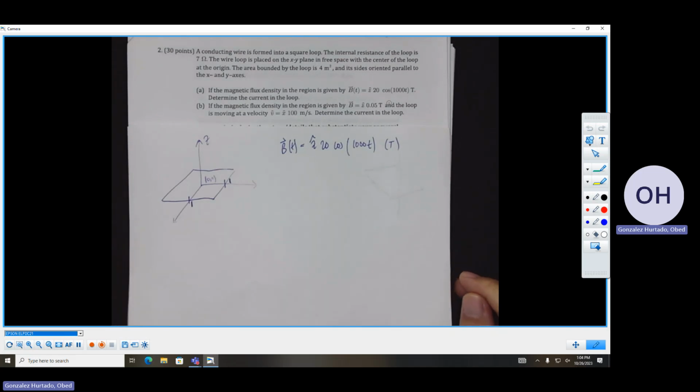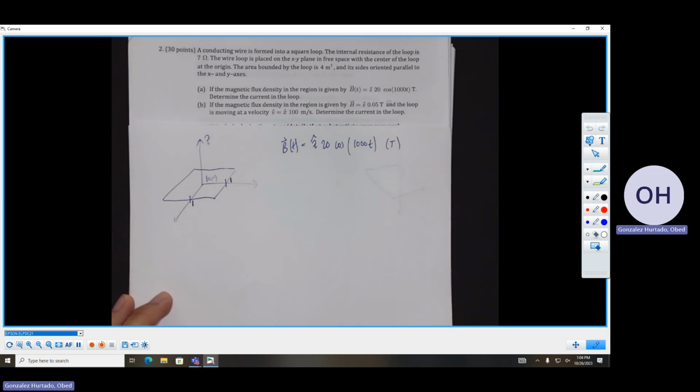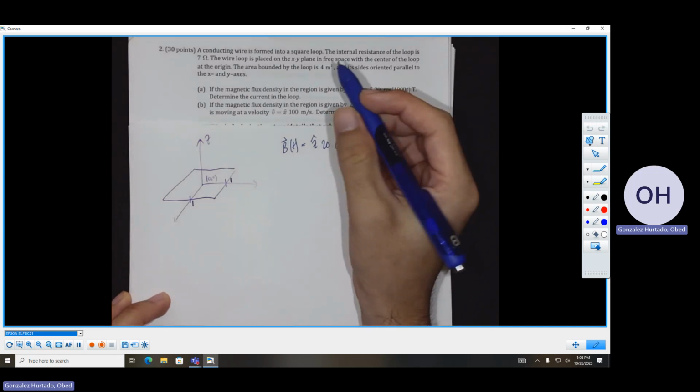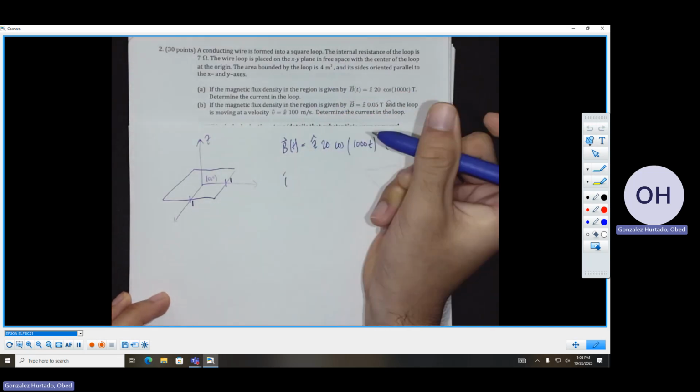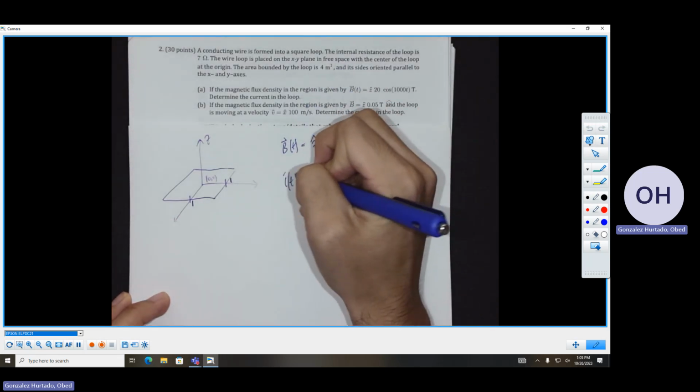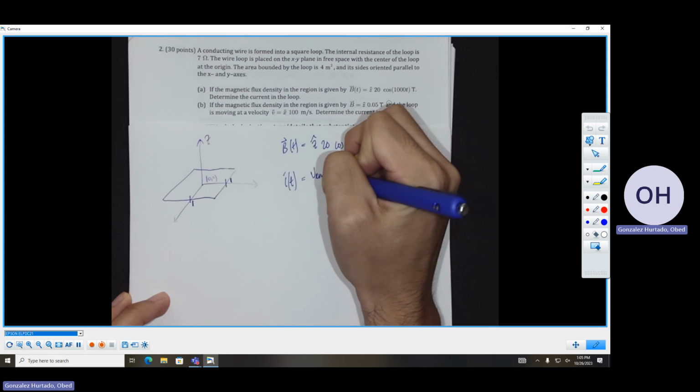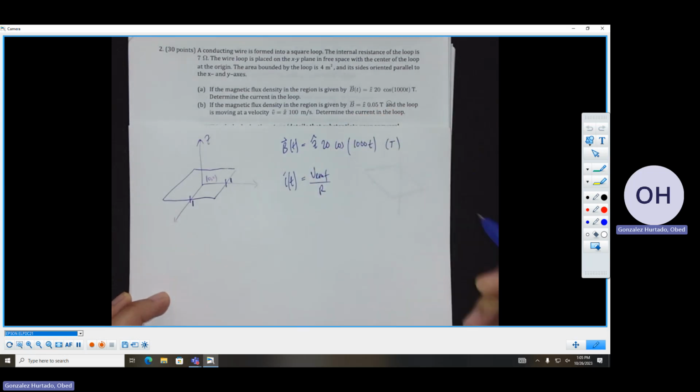And we gotta find the current through the loop. The equation we'll be using is V equals IR.